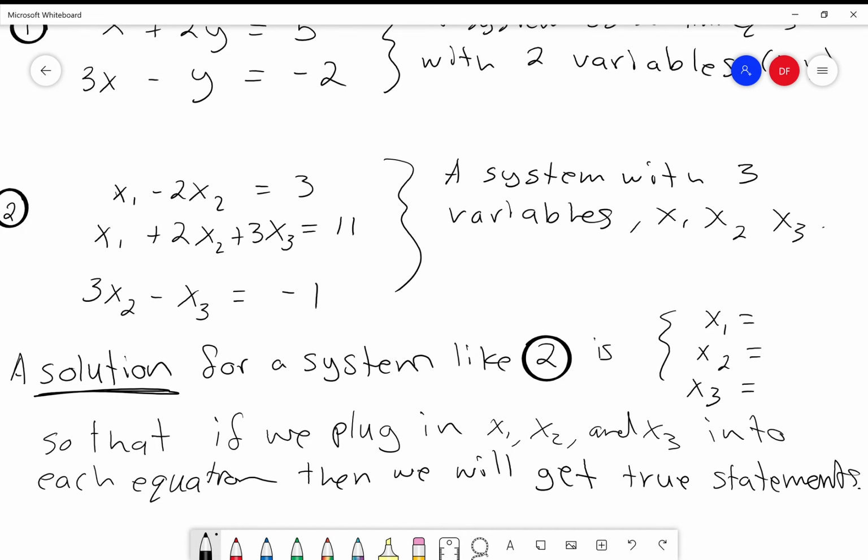Okay, so if this is confusing, don't worry. When we do an example, it'll be a lot more clear.